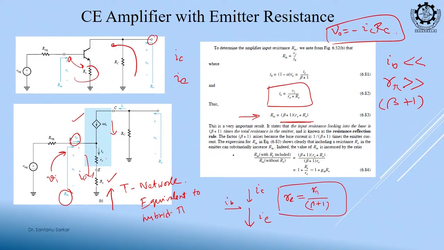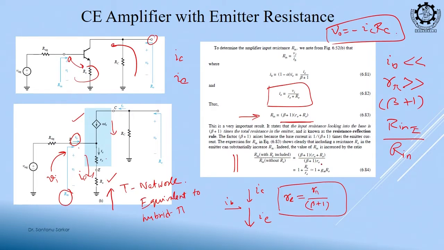So, what is the resistance ratio? When you are having capital RE, and when you do not have capital RE, clear. If you do not have capital RE, this is beta plus 1 times small RE, which is R pi.